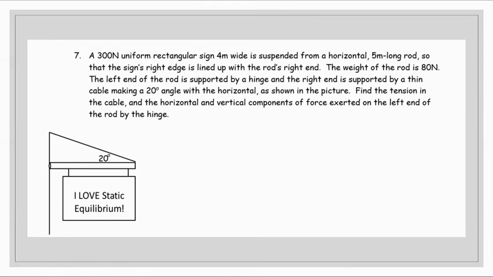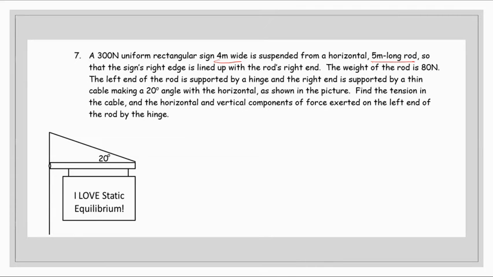Looking at this next problem, we're looking at a sign that we're hanging from, say, a building, like you saw in that very first slide for today. We have a 300 Newton uniform rectangular sign, 4 meters wide, suspended from a horizontal 5 meter long rod.